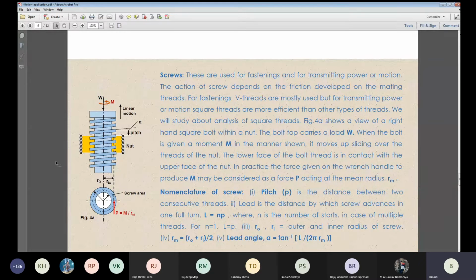Now what is happening in this particular case? I am getting a linear distance. Pitch is a linear distance, but what is happening by one turn? Suppose I cut the thread, and that one turn of thread I stretch out.